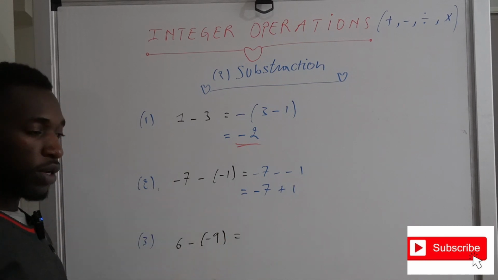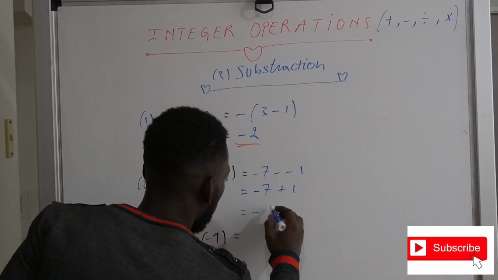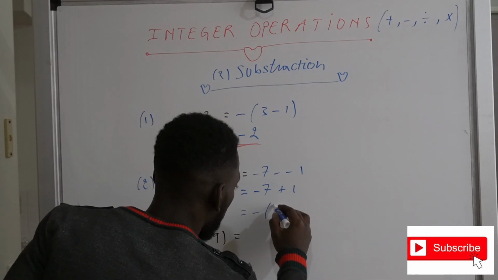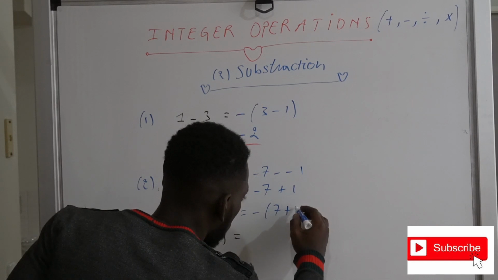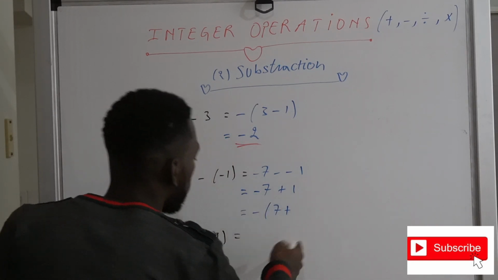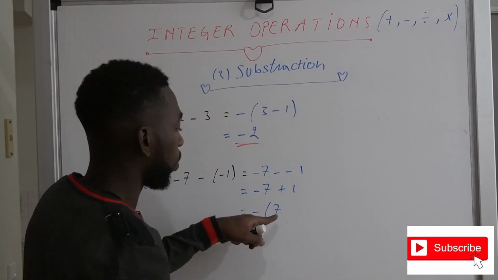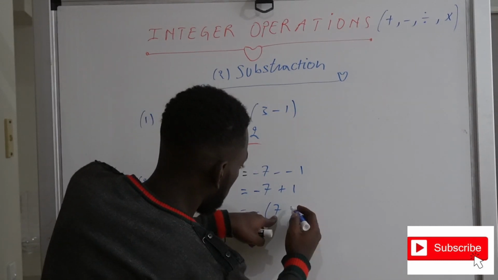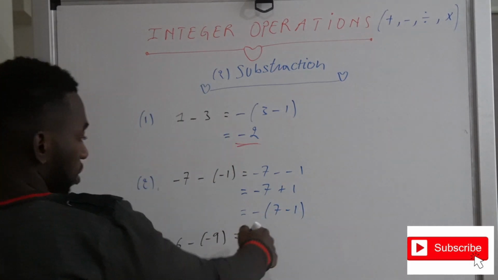What you then do is take the negative outside, so you have negative, and then you keep your 7 plus 1 in brackets. You have that negative 7, you have that negative here, and what you do is you take this 7 minus 1, right? 7 minus 1.